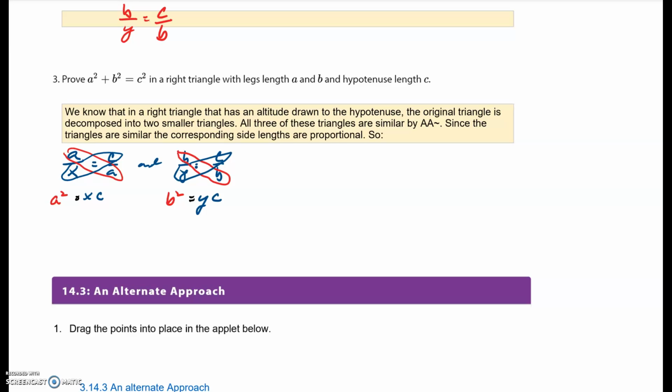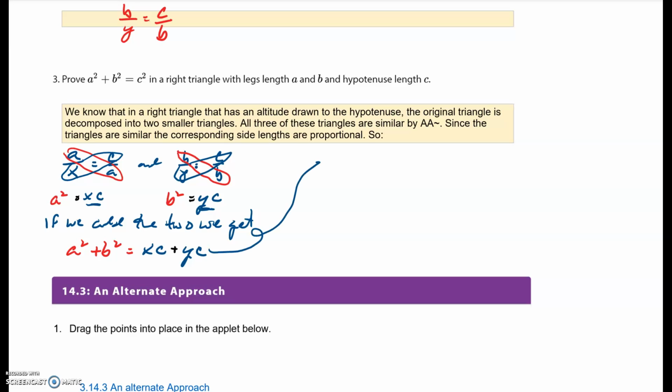If we add these two, we get a squared plus b squared is equal to, instead of writing a squared, I'm going to write xc, plus, for b squared, yc.